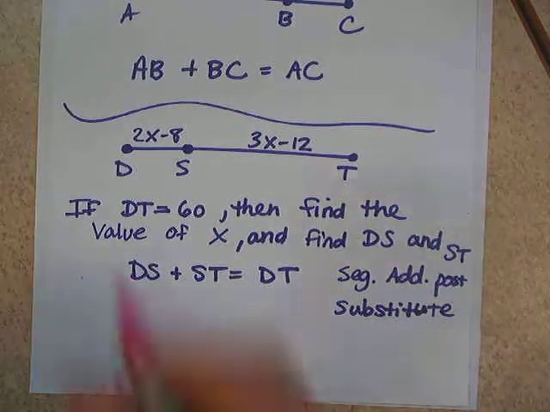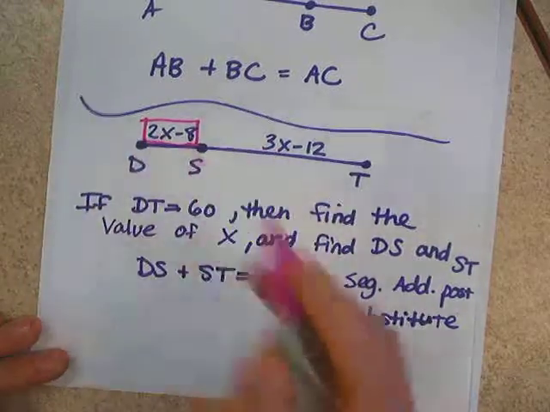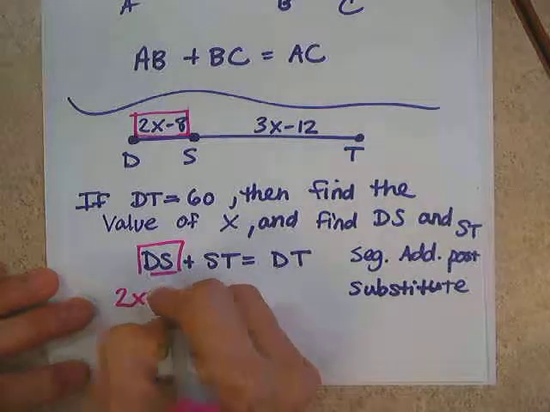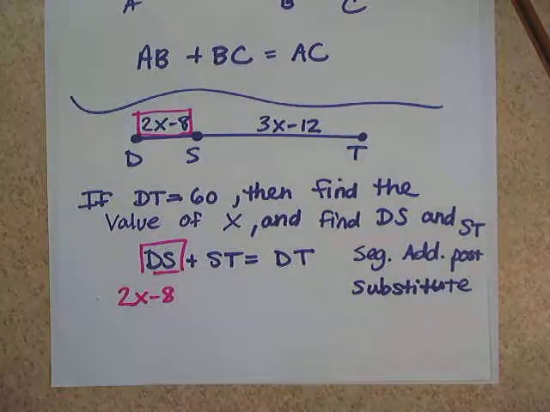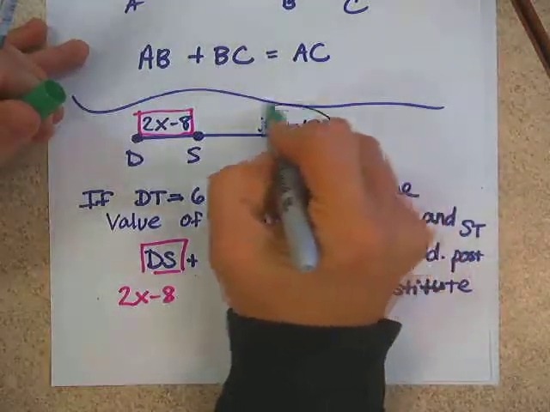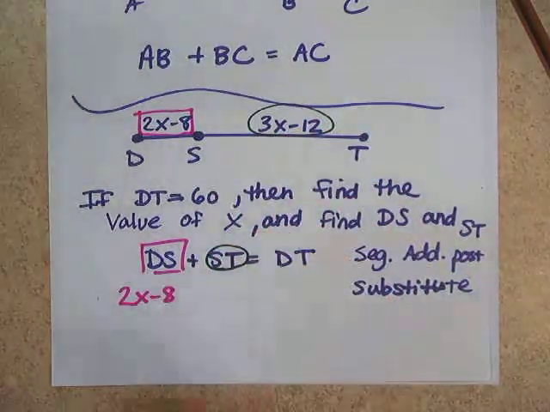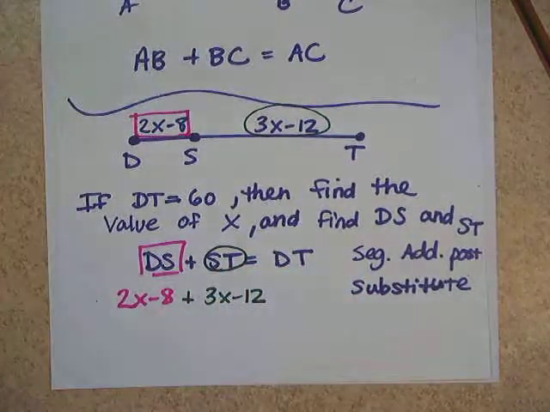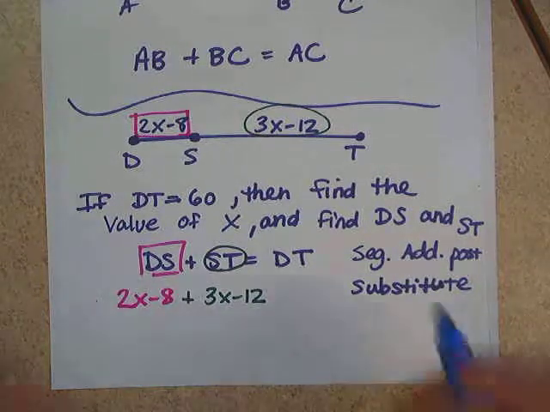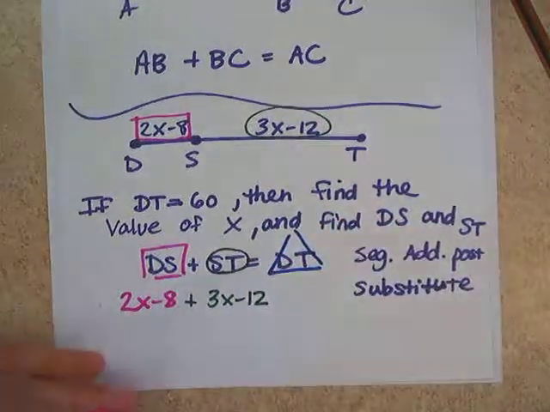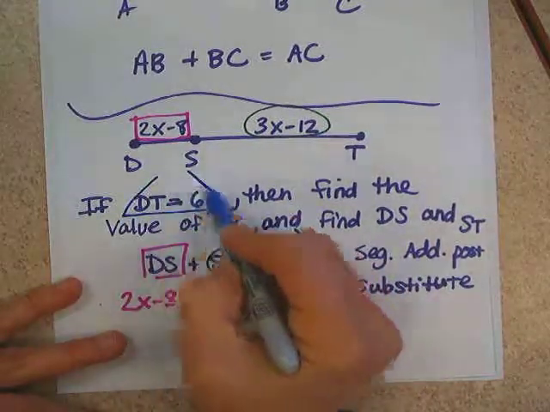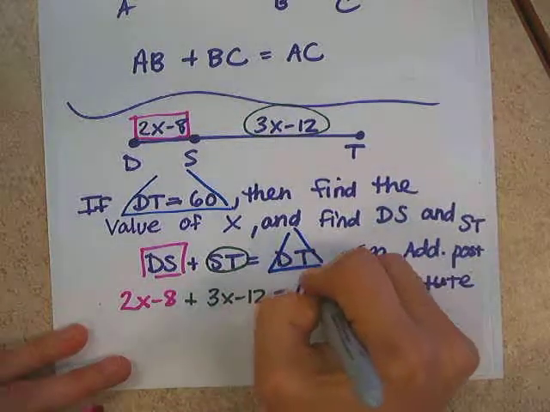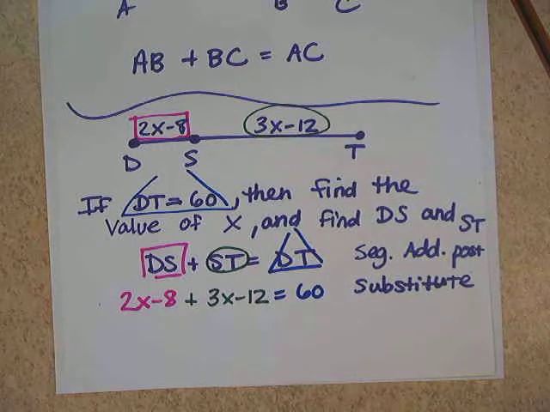So we have an equation. DS would be here, and that is 2x minus 8. ST would be here, and that's 3x minus 12. And DT we found right in our directions, and that is 60.